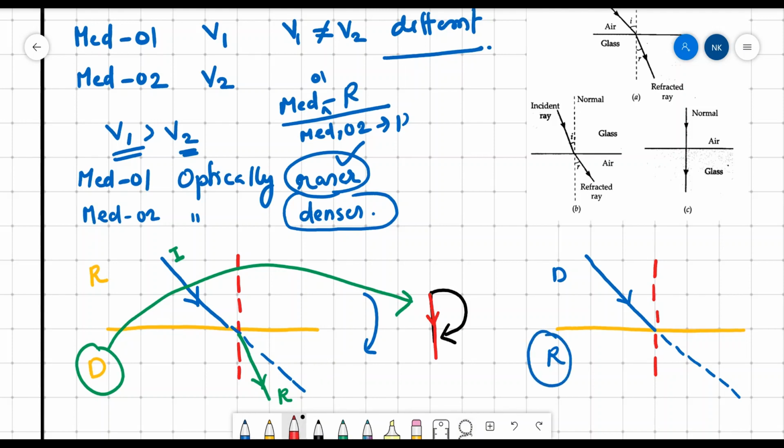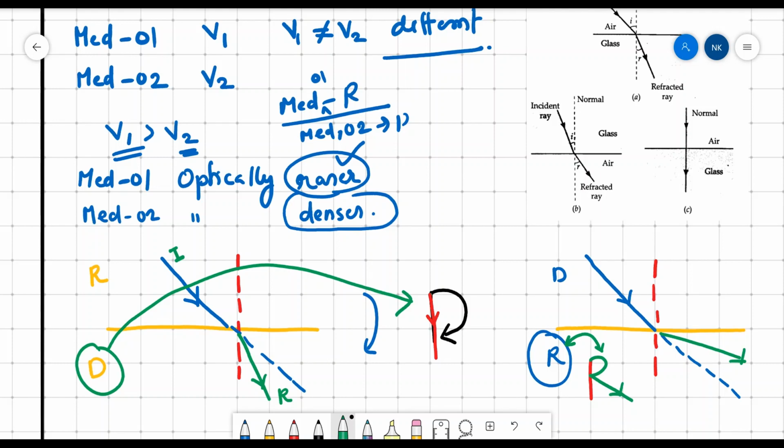Okay, so the ray should move away from the normal. You can see that like this. So this is a shortcut method that you can memorize, that whether it should move away or towards.